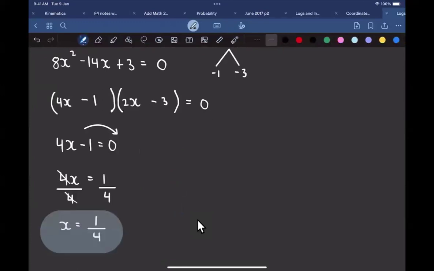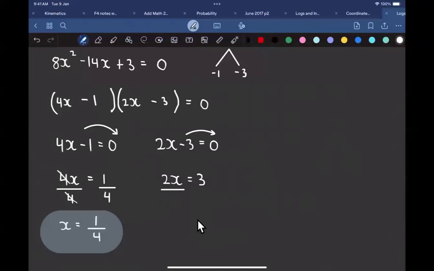Okay, so how would I find x using the other bracket? It will be, so basically, that will be 2x minus 3 equals 0. Right? So if you carry across the 3, that will be just 2x equals 3, and then you divide everything by 2.